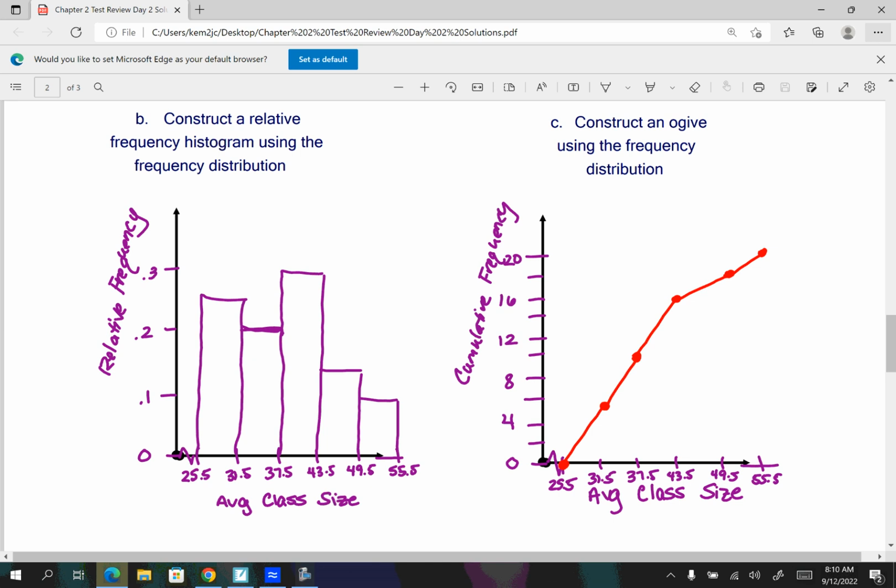We should always start on the axis. So 25.5 is half a unit before my first data value. So I know that's a 0 because there haven't been any data values in my set yet. And then just at every boundary, you include the next frequency again all the way up to this last value, which should be your end value of 20.